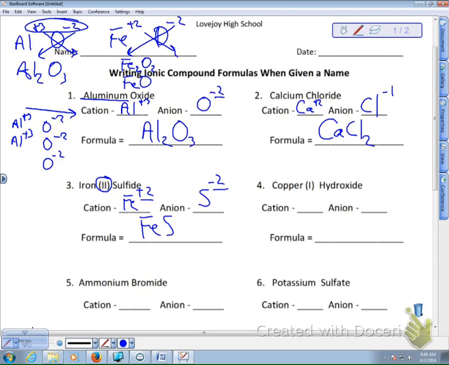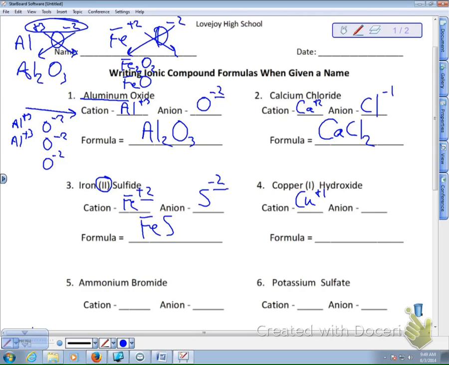Number 4, copper(I) hydroxide. So the cation is going to be copper. The Roman numeral tells me it's +1. And now we have hydroxide. Hydroxide is a polyatomic ion, so you either have these memorized or you have a list handy.